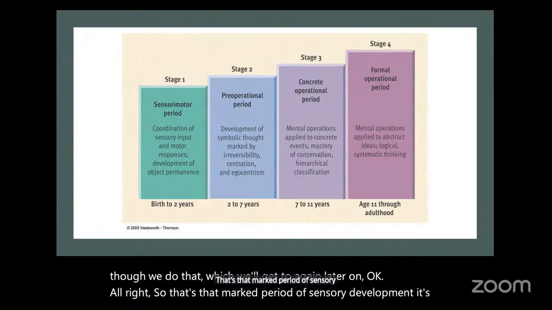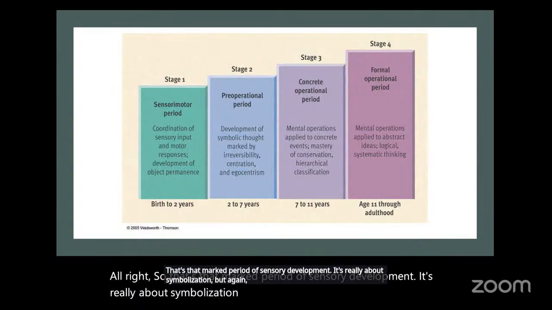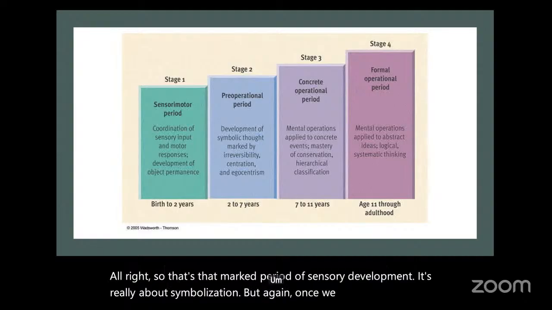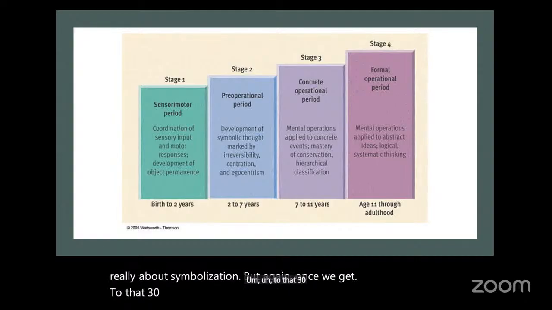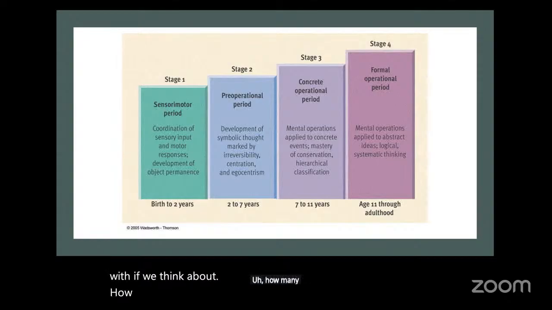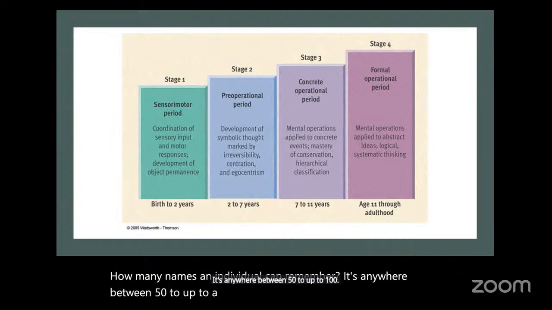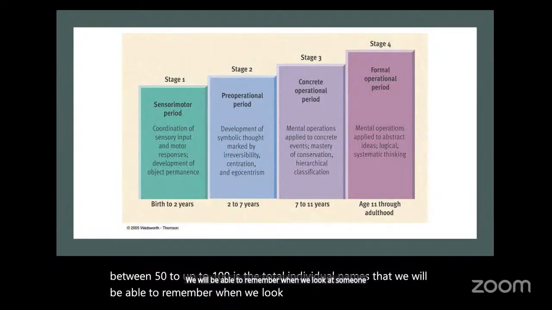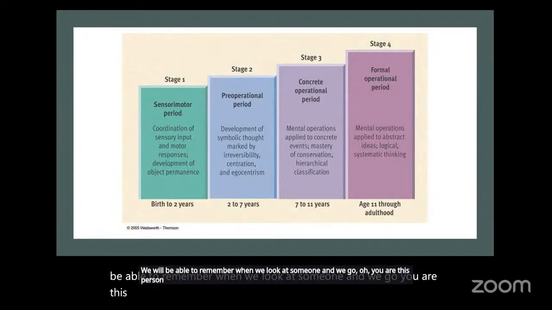It's really about symbolization. But again, once we get to that 30 to 60,000 word mark, things are very difficult to deal with. If we think about how many names an individual can remember, it's anywhere between 50 up to 100 is the total individual names that we will be able to remember when we look at someone and go, "Oh, you are this person."